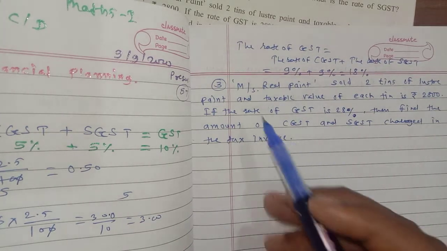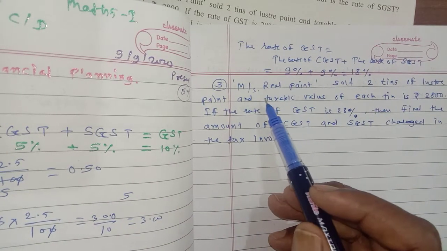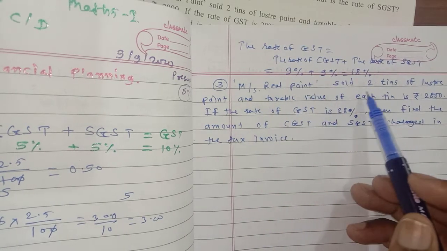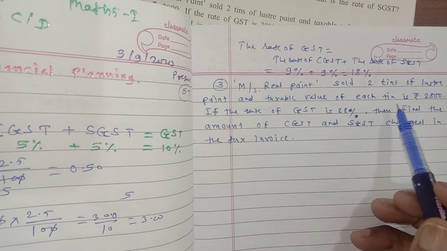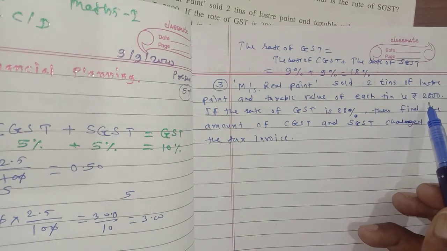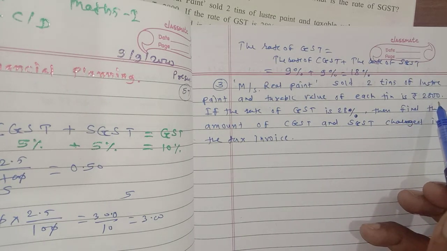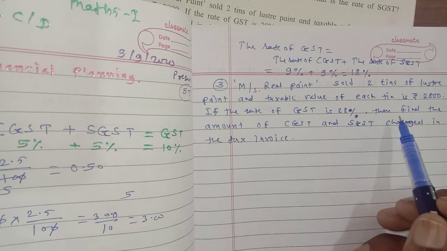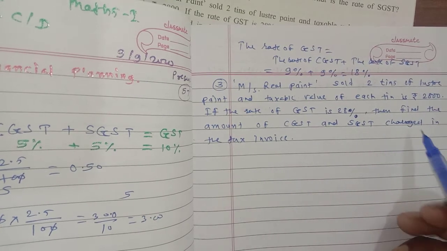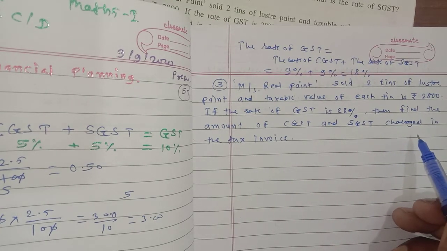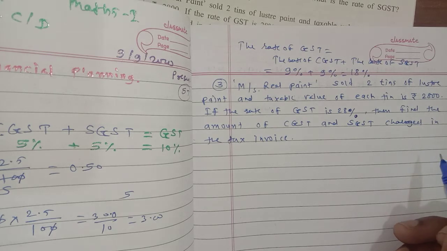In this third example, MS Real Paints sold 2 tins of luster paint and the taxable value of each tin is rupees 2800. If the rate of GST is 28%, then find the amount of CGST and SGST charged in the tax invoice.